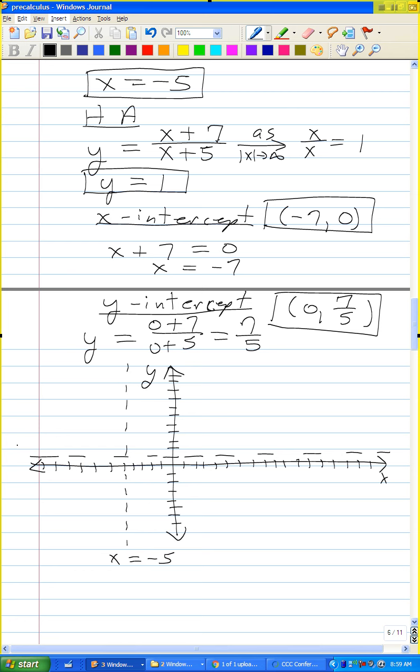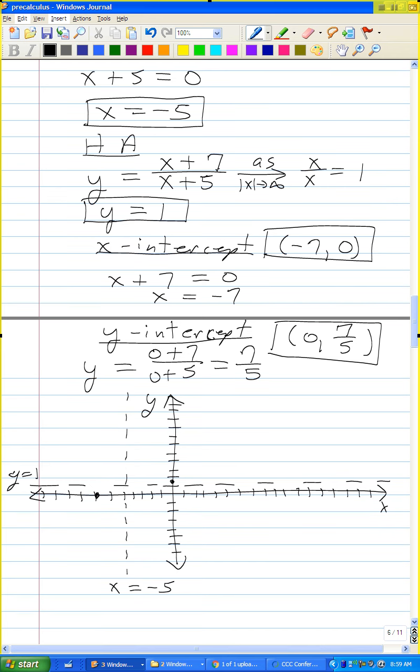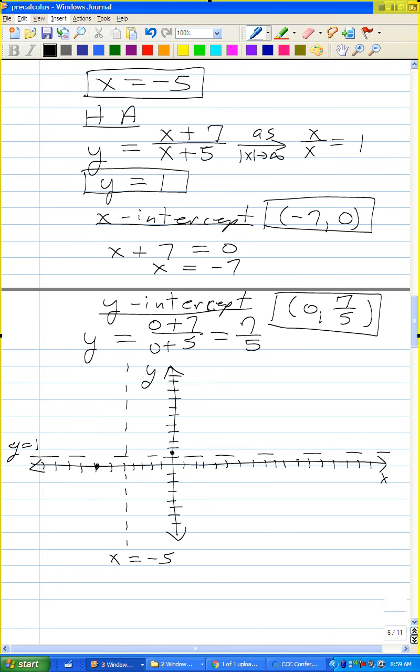It's a horizontal asymptote. I have an x-intercept at negative 7, a y-intercept at 7/5, so that's just about here, and I have a hole at 6. 1, 2, 3, 4, 5, 6. So I have a hole here.